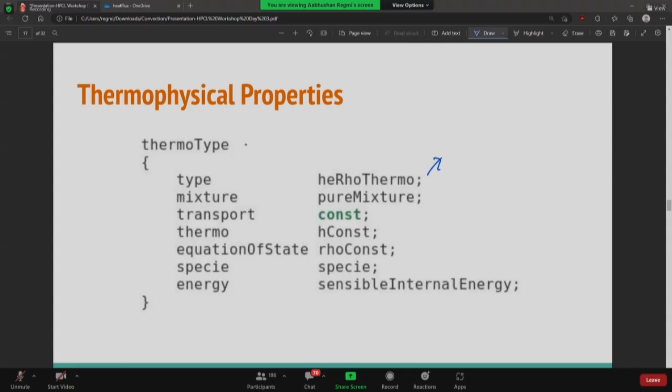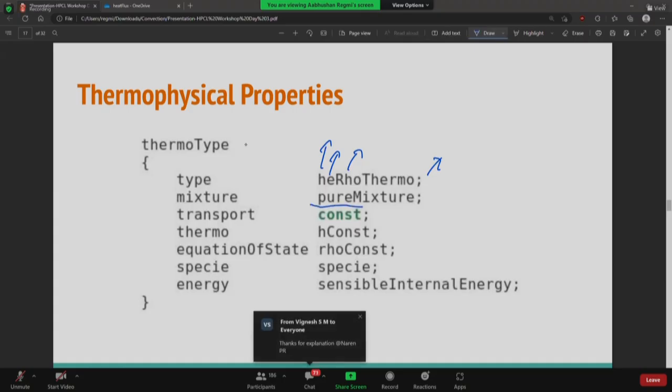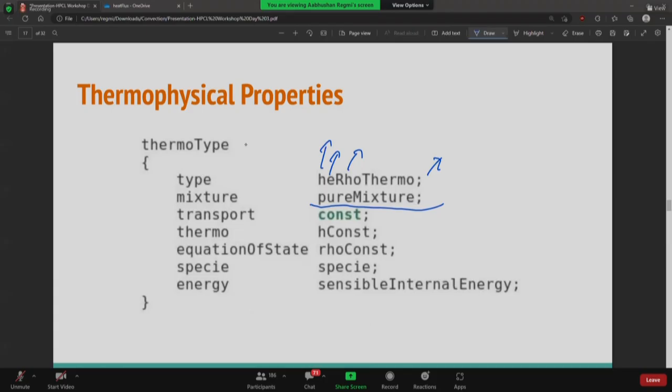That means there is only one composition in our mixture, and it is based on density, hence the name rho. The h stands for enthalpy and e stands for energy. And in the mixture, we are assuming that our mixture is a fixed composition, hence pureMixture. That means there is no reaction happening. If we may have water or air in our mixture, we are assuming that there is no reaction between them, and suddenly the water will not change into air or something like that. So hence we are giving pureMixture.